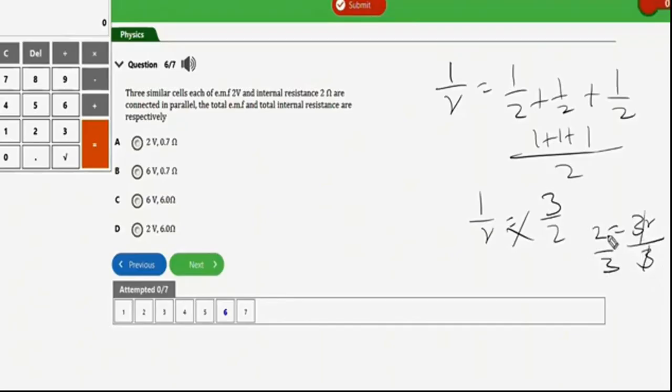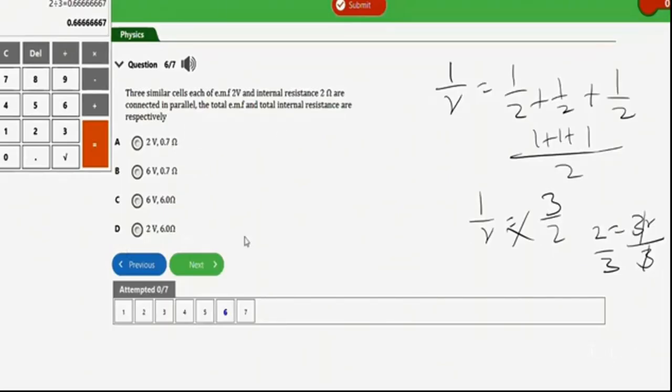When you punch in your calculator, 2 divided by 3, you're going to have 0.66. If you are leaving it to one decimal place, we give you 0.7. So the correct option in this question will be option A, which is total EMF 2 volts and total internal resistance 0.7 ohms. That's it for this question.